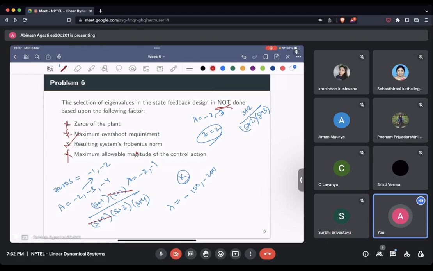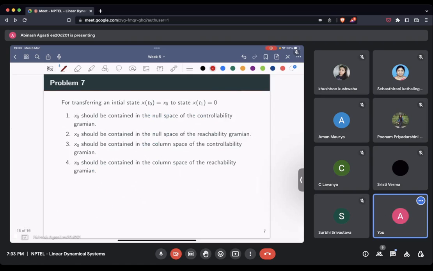So I just need to be cautious about the location of zeros and place the poles accordingly such that they do not get cancelled. Apart from that, I can choose a K desirably to obtain -2, -3, -4, whatever I want, if the system is controllable. But there should not be a pole-zero cancellation. Okay, is it clear? Then we move on to the next problem.